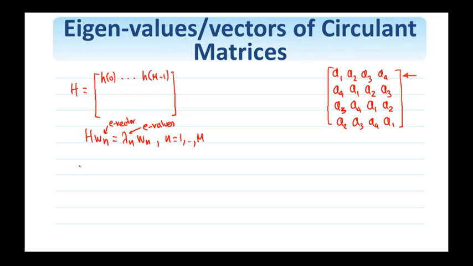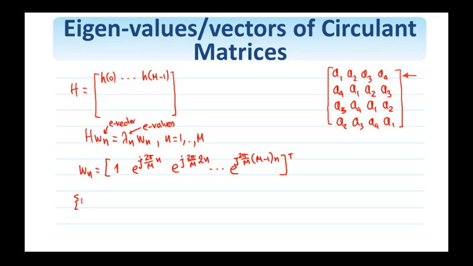So the eigenvectors of any circulant matrix are known in advance. The nth eigenvector is equal to this. And one should recognize right away that these are the basis vectors of the discrete Fourier transform, these complex exponentials.